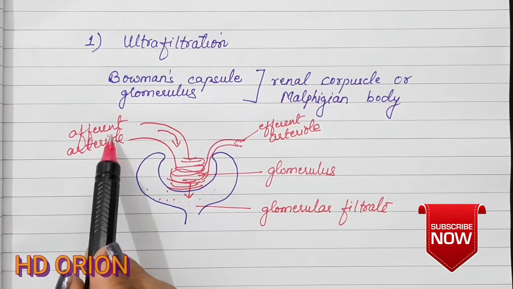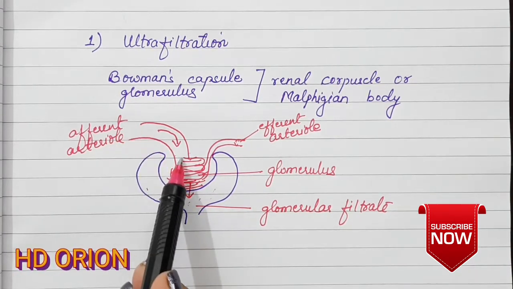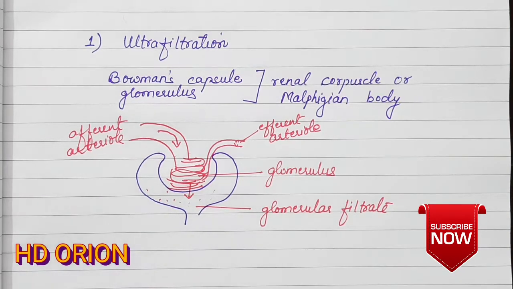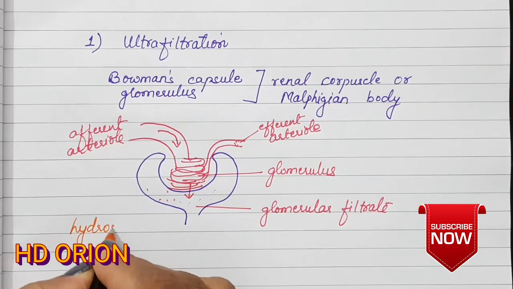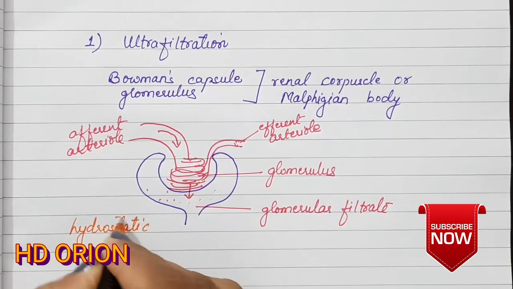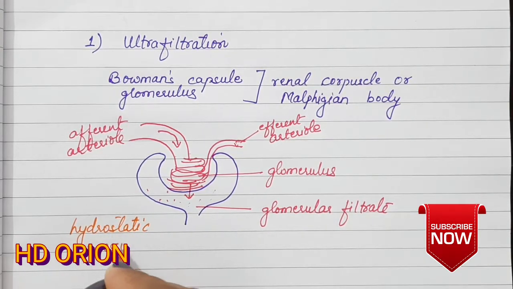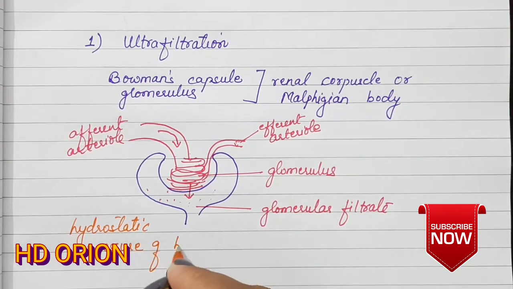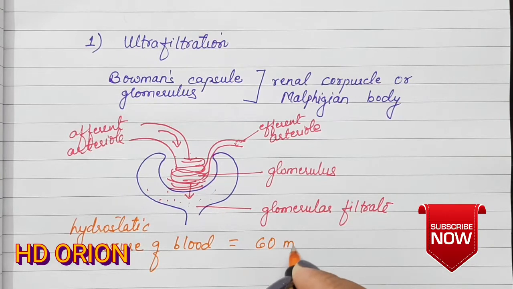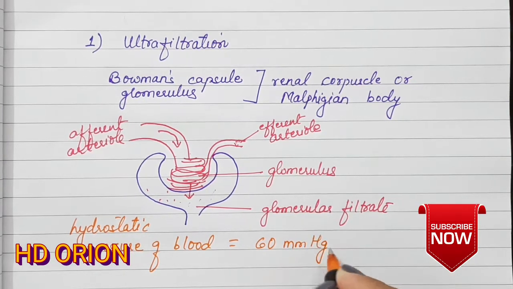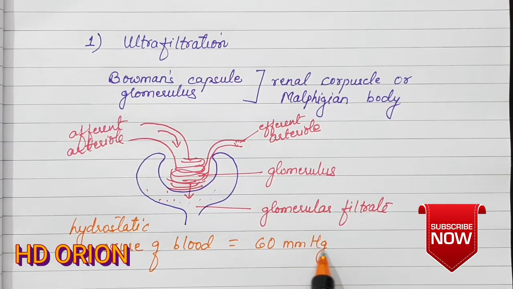When the blood from the afferent arteriole is coming in, it has hydrostatic pressure. The hydrostatic pressure of the blood is equal to 60 millimeters of mercury. We always measure the pressure in terms of mercury.